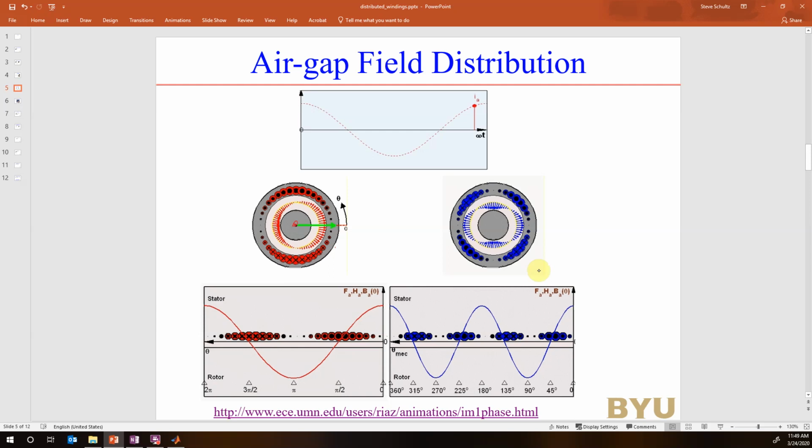Obviously this air gap is exaggerated so that you can see it. But at this instant in time, you can kind of see at this angle, I get these magnetic field lines that are always perpendicular to the air gap, but the length of the line, which corresponds to its amplitude, is larger on this axis and small on that axis.